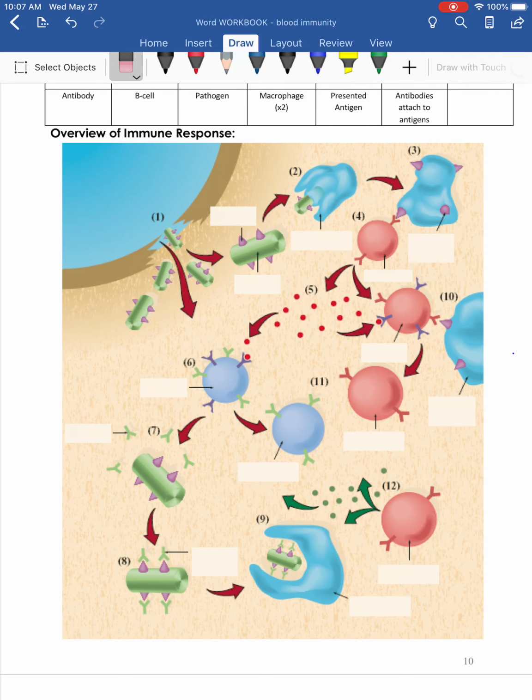So the second line of defense largely involves macrophages. There are 2 types of white blood cells, your monocytes and your neutrophils. Monocytes can mature into macrophages, and they phagocytize, so they engulf pathogens and swallow them up. We've learned about phagocytosis before.